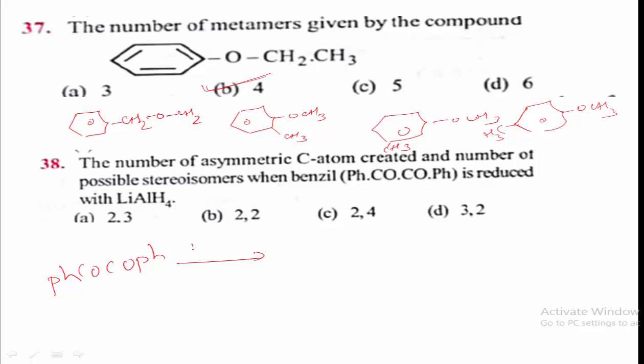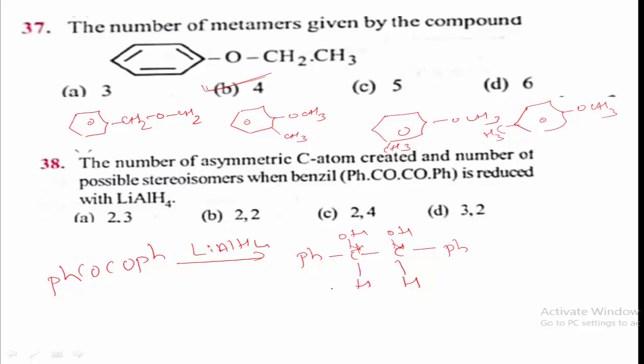Yes, when it is treated with lithium aluminum hydride, the compound becomes PhCH(OH)-CH(OH)Ph. Is this asymmetric? Yes, because each carbon contains four different groups: OH, H, Ph, and the rest of the group.